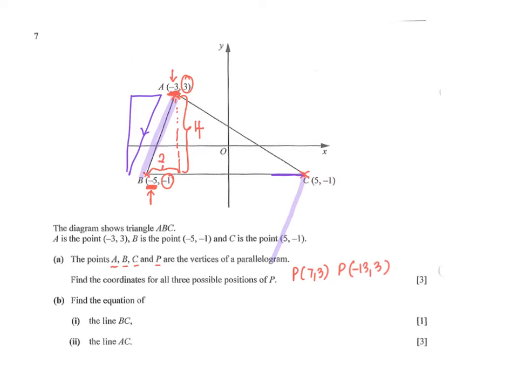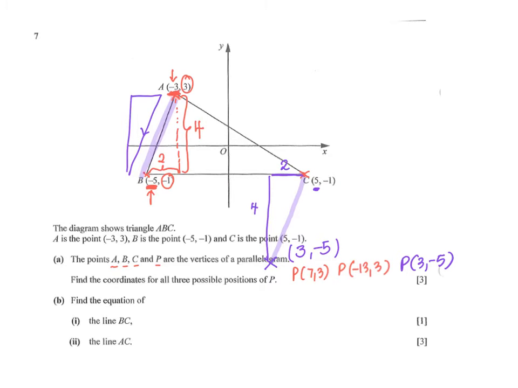So for the number 5, I shift 2 units to be 3. And then I'm going to shift down by 4 units. So from -1, I go down 4 units, that will give me -5. So P can also be 3, -5.